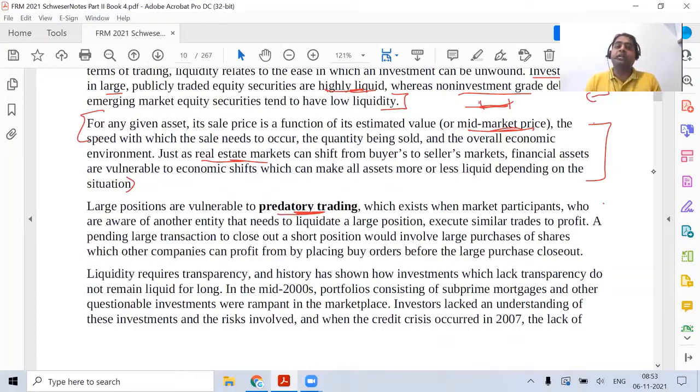This is generally done so that a particular player in the market gets impacted. That is why the word predatory. Other participants are explicitly doing this activity to impact one particular market participant. That is where this concept of predatory trading comes into the picture.